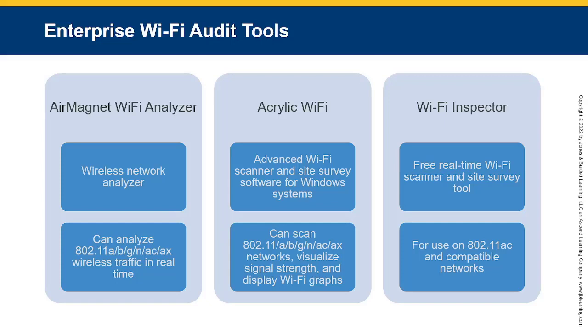It can scan all the networks, visualize signal strength, and display Wi-Fi graphs. Also, Wi-Fi Inspector, a free real-time Wi-Fi scanner and site survey. It's for use on 802.11ac and combined networks.